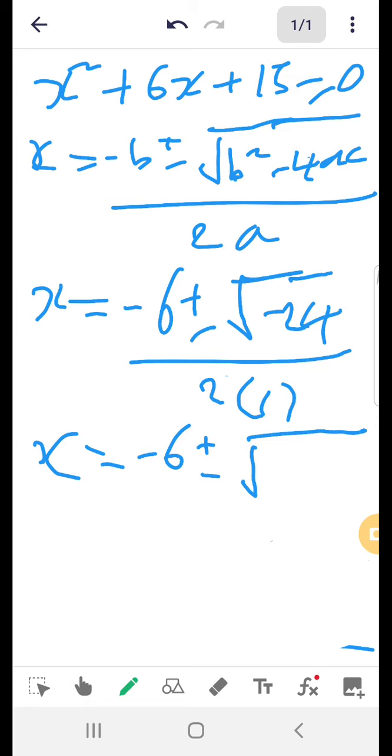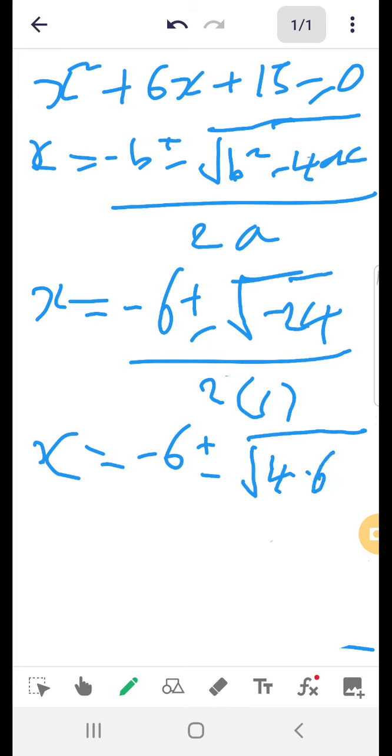We can say 4 multiplied by 6 gives us 24.